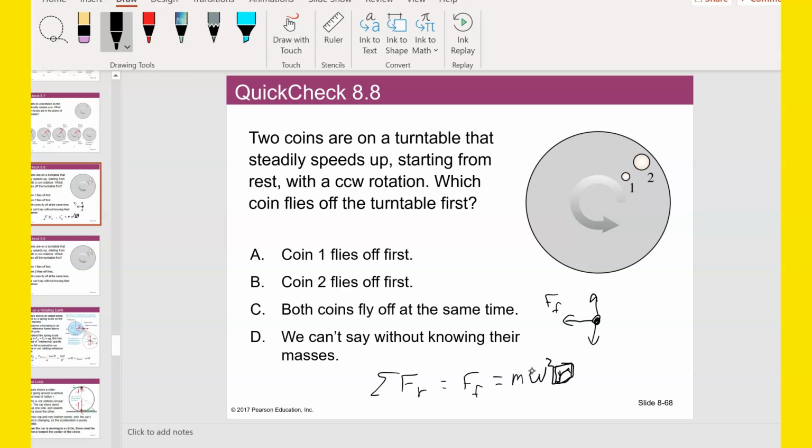If R grows, the frictional force is going to have to grow. If the frictional force can't grow, then the bigger R gets, the more that it's going to overcome friction. Since object 2 is farther away, it's going to need a greater frictional force to keep it from sliding. So I think object 2 is going to fly off the table first before object 1 will.